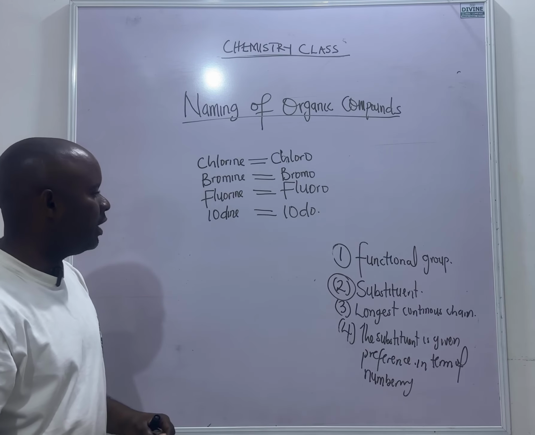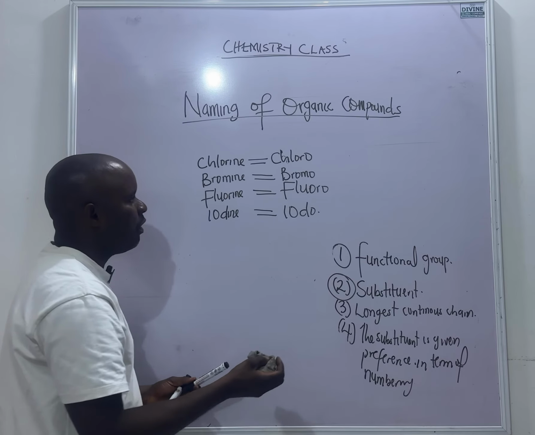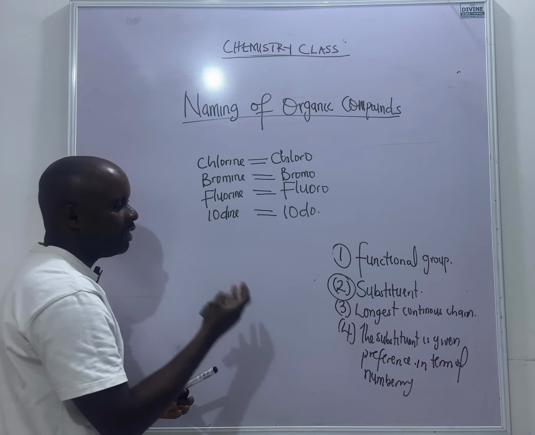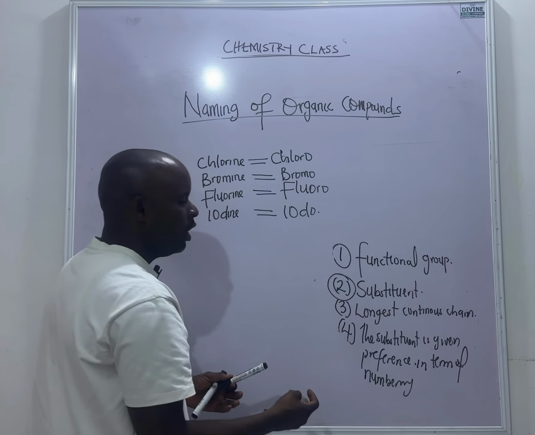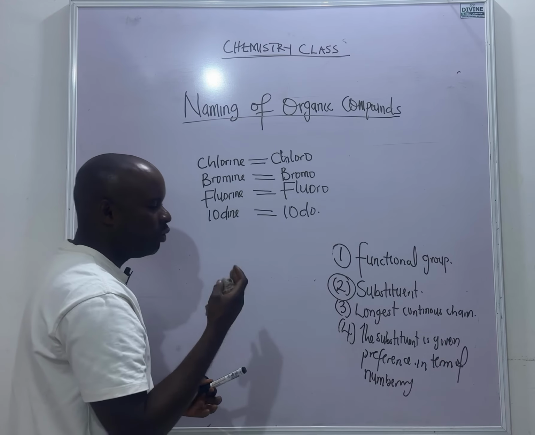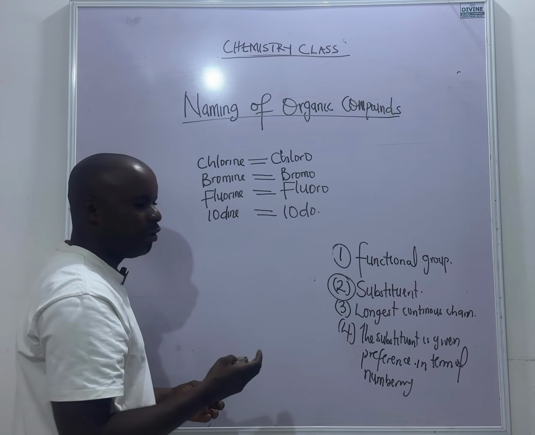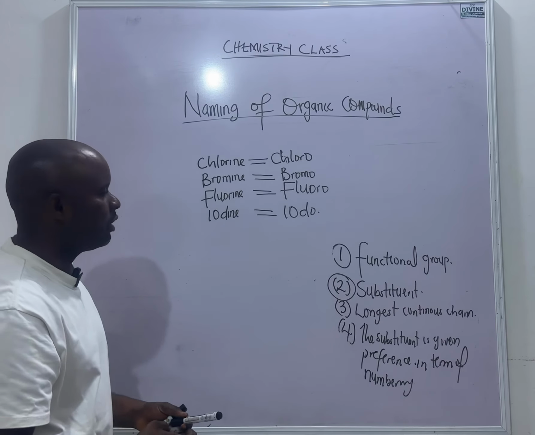So in this now, we're going to have a different example. We said for us to name an organic compound, we must identify the functional group. We must know the substituent. We must know the longest continuous chain. We must know the substituent given preference in terms of numbering, in the case of alkane.